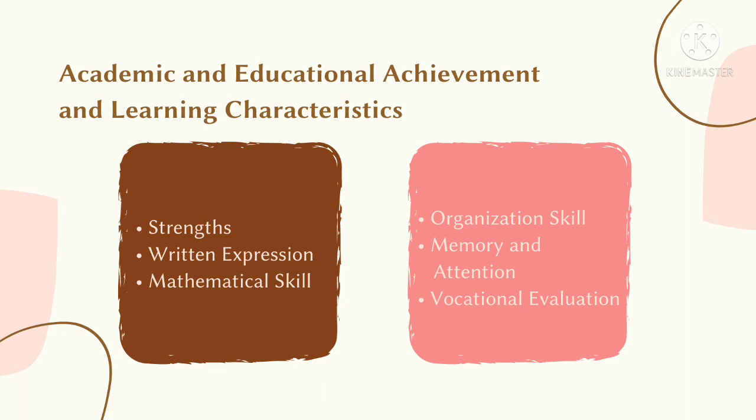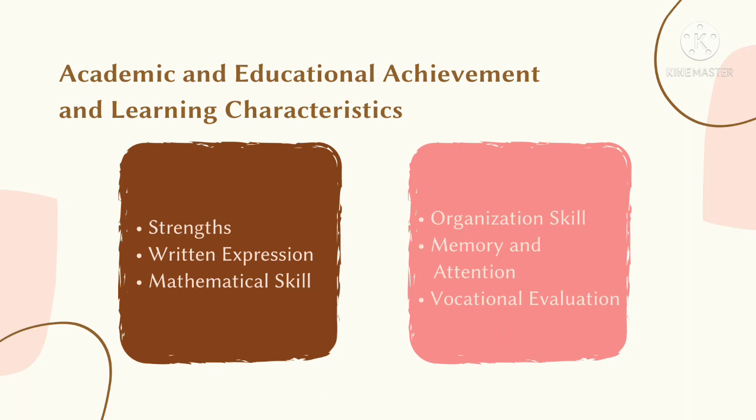Next is when the student relies on following the action of his peers but has a difficulty in following the teacher's directions independently, especially if it involves more than three steps or three things to follow. So this shows that the student needs development in his or her organization skill.